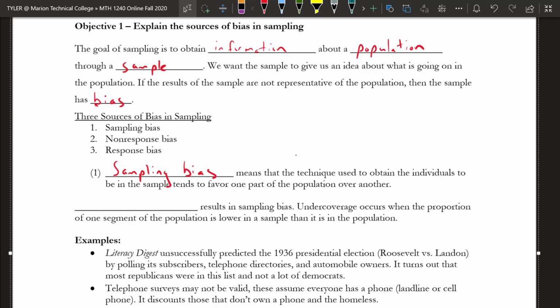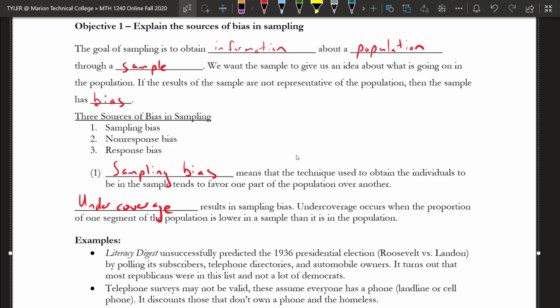So that's important to note. The next thing we want to talk about is undercoverage. Undercoverage results in sampling bias, and it occurs when the proportion of one segment of the population is lower in a sample than it is in the population.